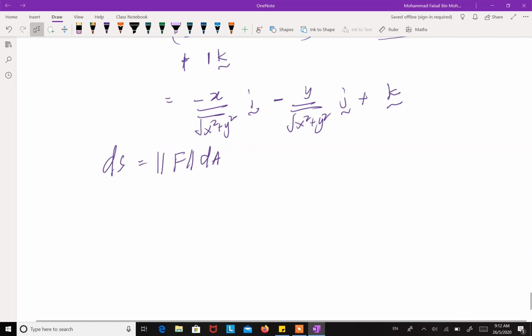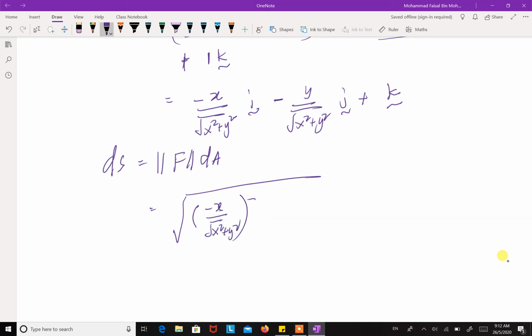So square root of x over square root x squared plus y squared, plus negative y over square root x squared plus y squared, plus 1 squared, dA.